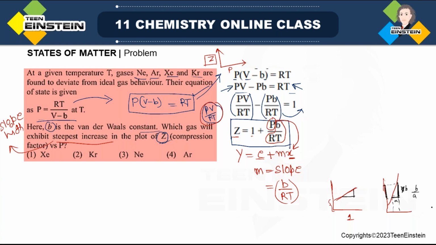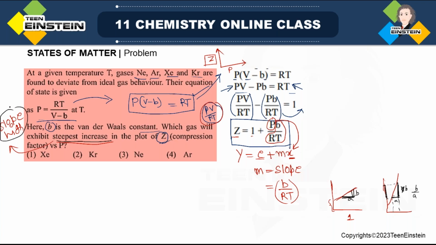So higher the value of slope, the steeper the plot will be. Similarly, if you take the same ratio here, you will see here a is very, very large compared to b. So that is why slope is less. So I am trying to say that when it is mentioned that steepest increase, that means slope should be very high.